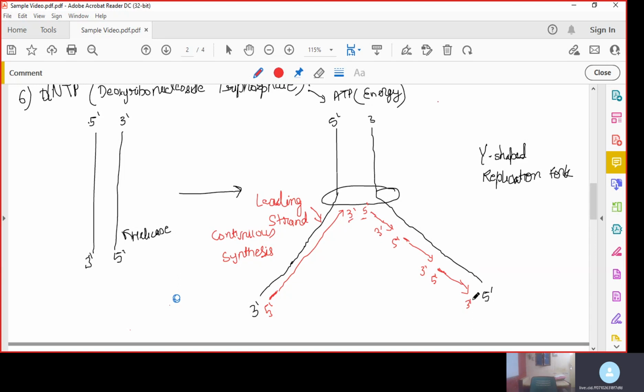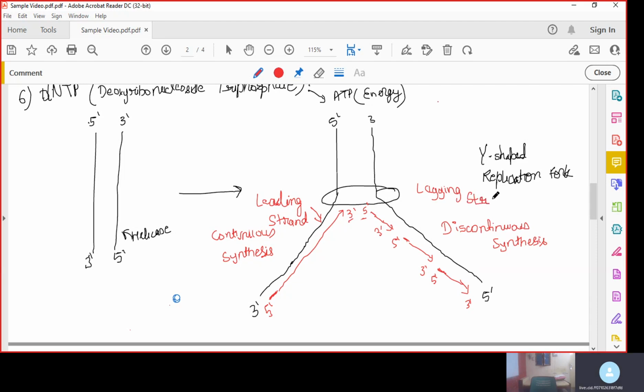So you can see there is discontinuous synthesis, and this strand is known as the lagging strand.